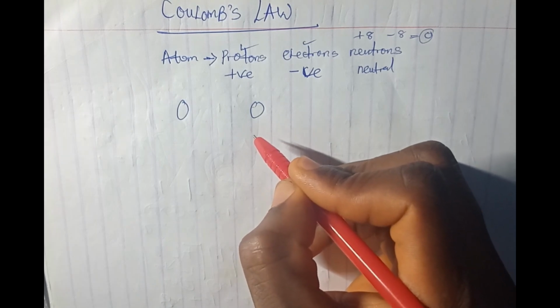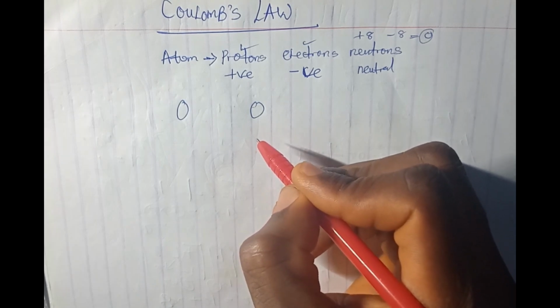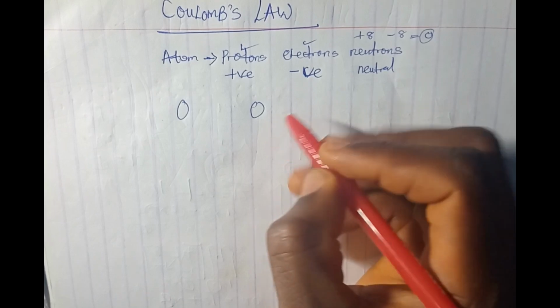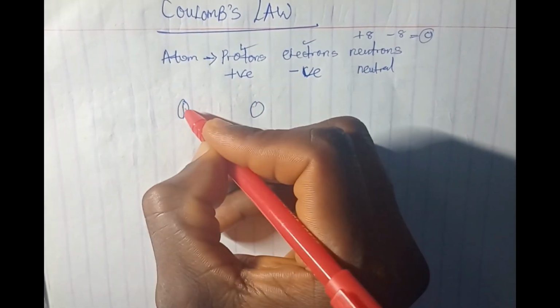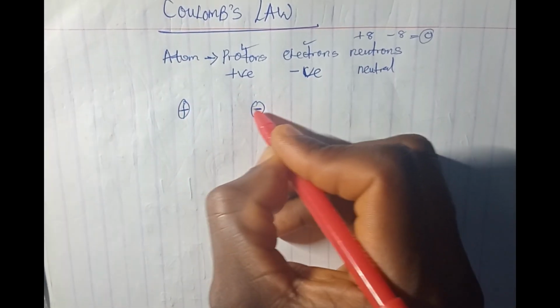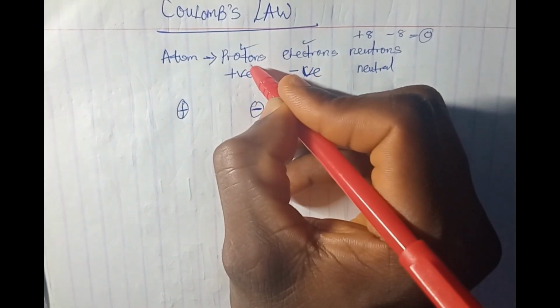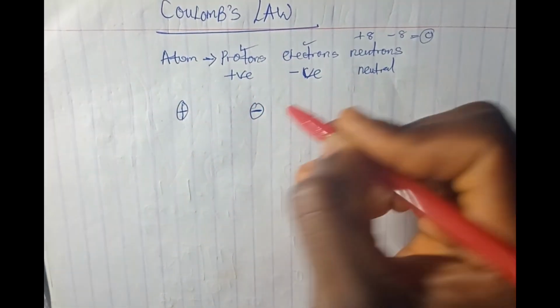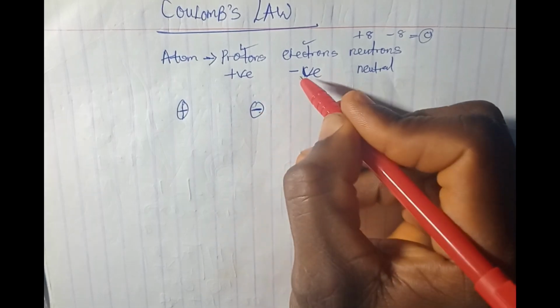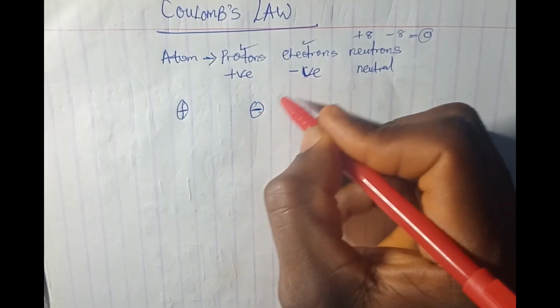When will they attract and when will they repel? Imagine I have a positive charge and equally a negative charge. Something being positively charged means that it has more protons than electrons. And something being negatively charged means that it has more electrons than protons.